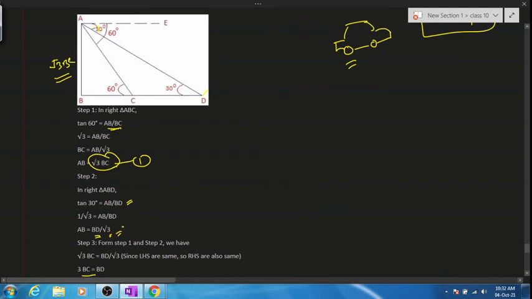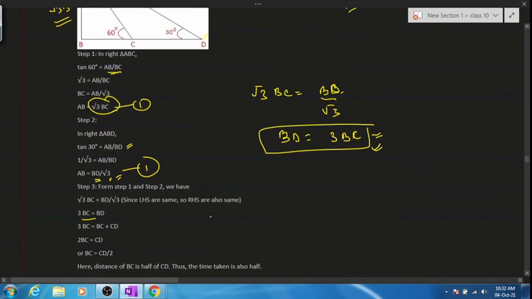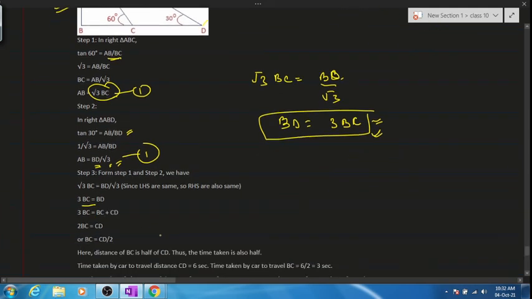We have just compared equations 1 and 2, that is root 3 BC is equal to BD divided by root 3. Cross multiply, we'll be getting BD is equal to thrice of BC. Is this thing clear or not? We have got a relation out here. Now we have to use this relation with that 6 seconds one. Clear?